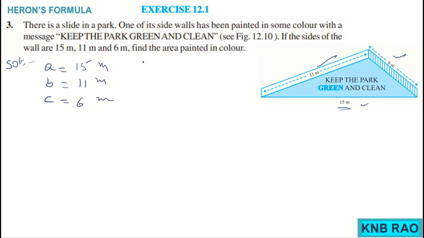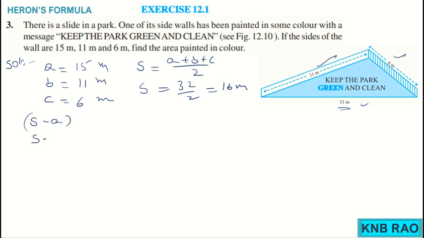From that I'll find out the semi perimeter. So sum of a, b, c by 2, that is 32 by 2, which gives 16 meters as the semi perimeter. Now from that I'll find out s minus a, s minus b and s minus c.